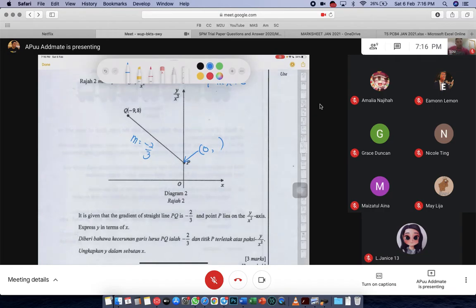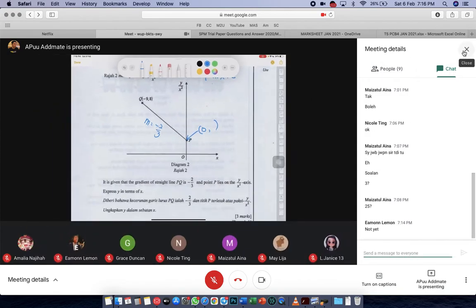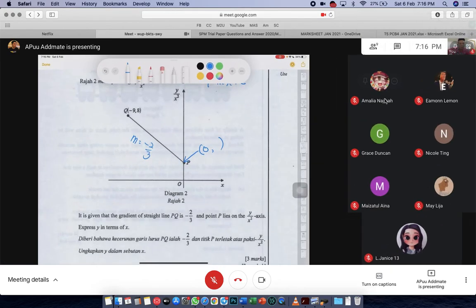Okay, Imon, do you get the answer already? What is the value of P? Okay, if not, cikgu will ask Mei. Mei, have you got the answer, Mei?